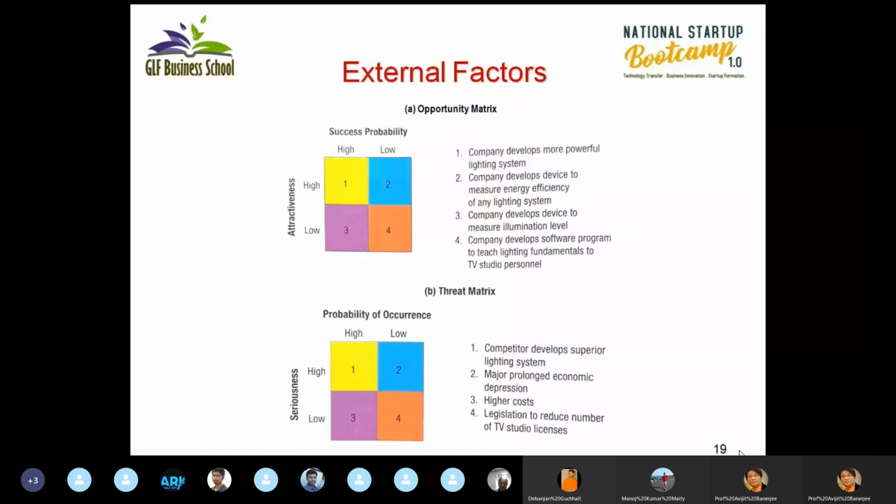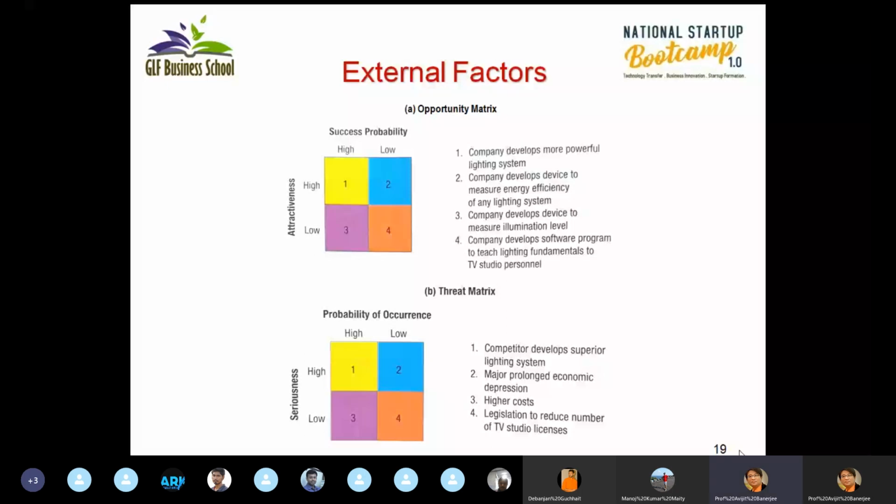So these two analyses, the market opportunity analysis and the environmental analysis, will help you to develop your marketing strategy.